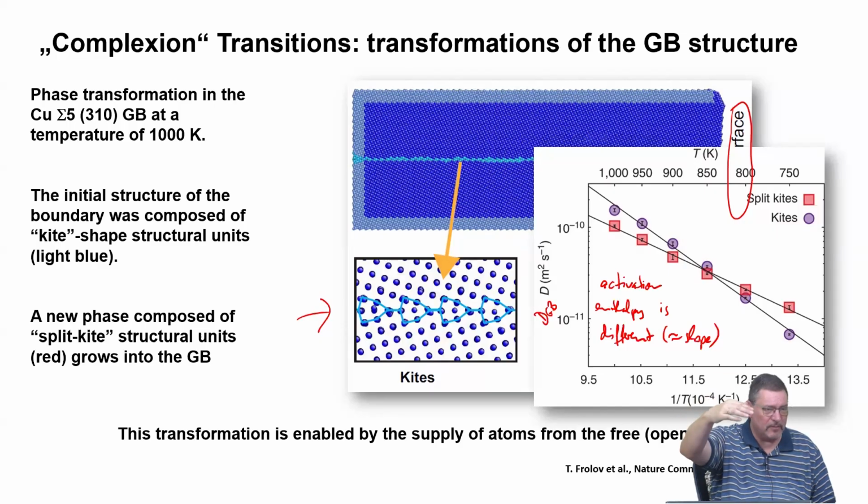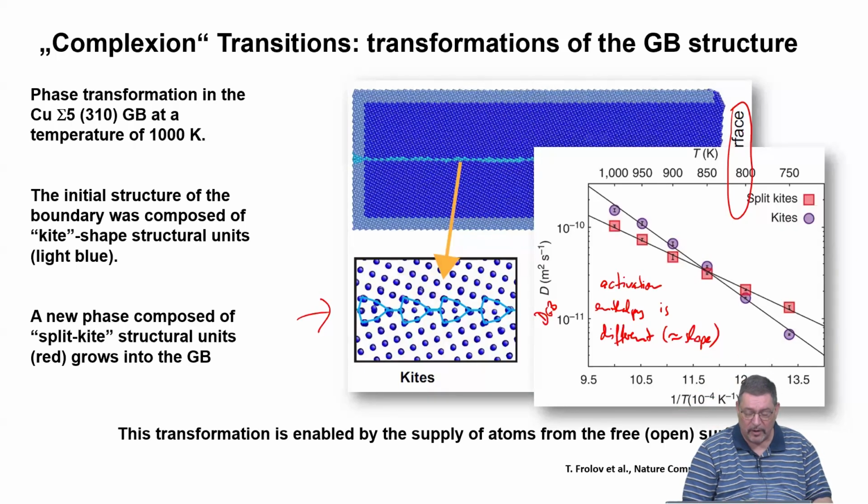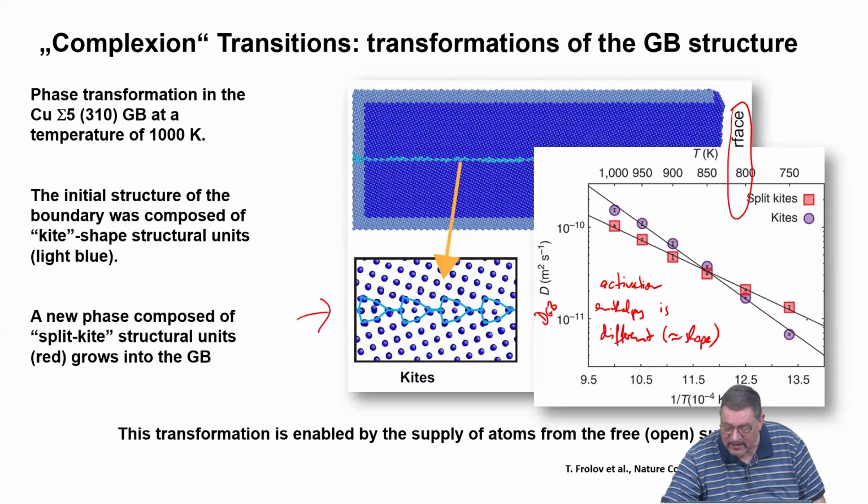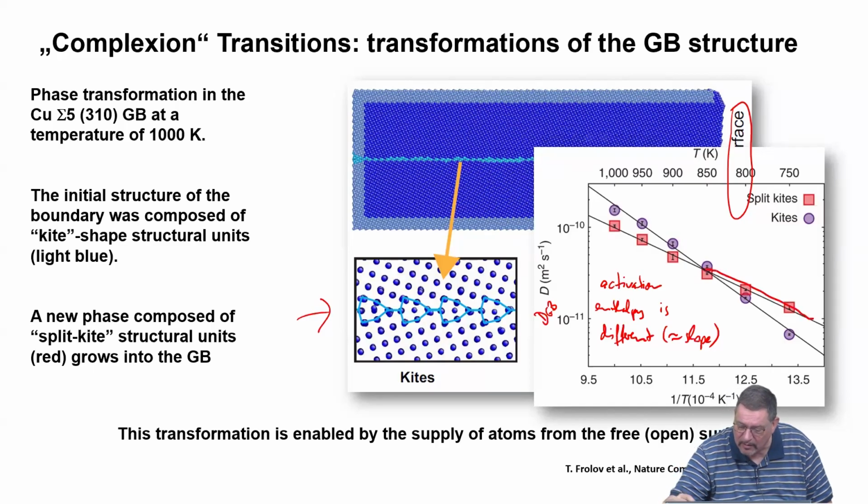Because at a given material, given misorientation, it should be a given configuration. So you would expect diffusion to vary consistently with 1 over T. And you would not expect to see something like a kink.